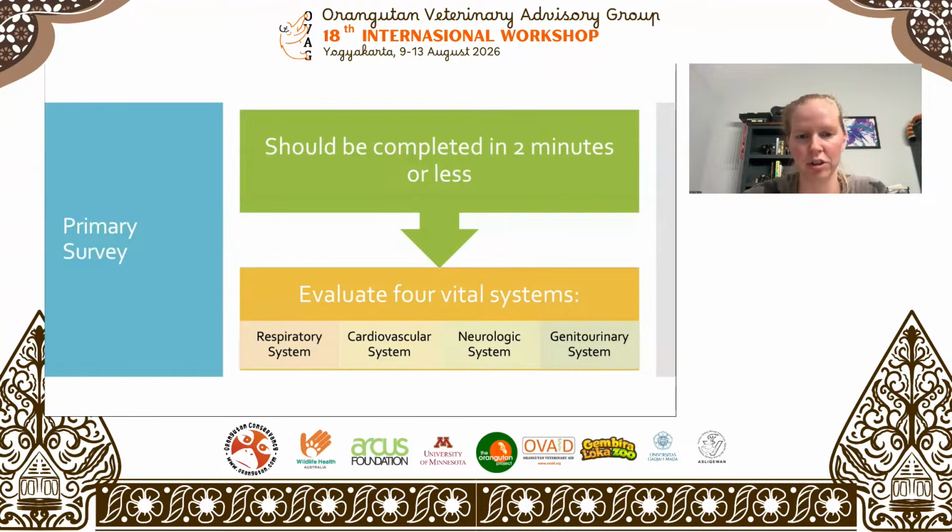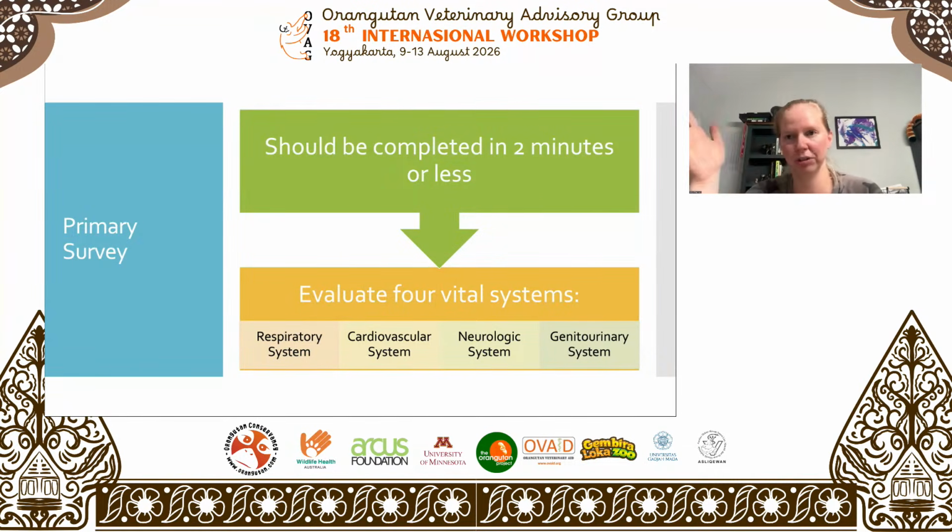But just again, to remind ourselves, our primary survey or our triage exam is something that we should be able to complete in 2 minutes as soon as we're able to evaluate that animal. If we have to anesthetize the animal in order to handle them and perform their exam and perform their treatments and diagnostics, we're obviously going to have to change things a little bit.